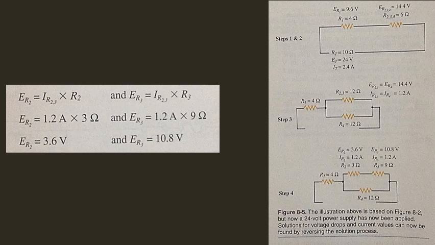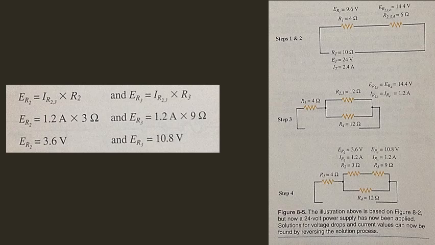And the voltage drop at R3 equals the current at R3 times the resistance of R3. So the voltage drop at R3 equals 1.2 amps times 9 ohms, which equals 10.8 volts.